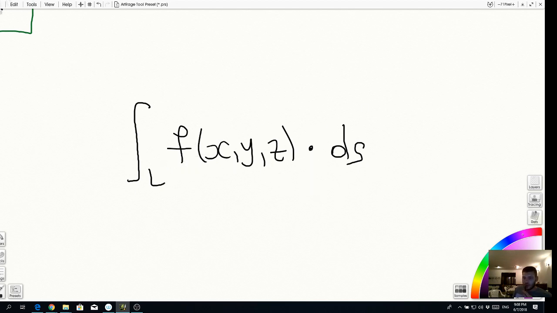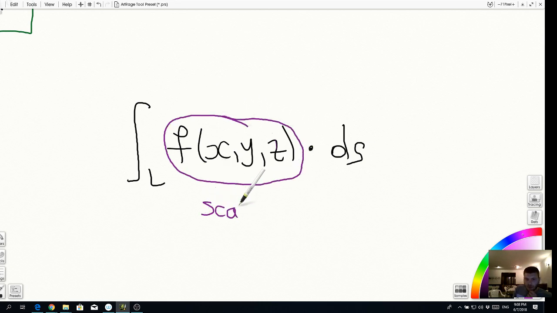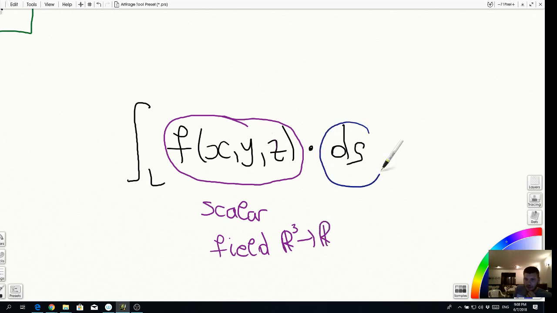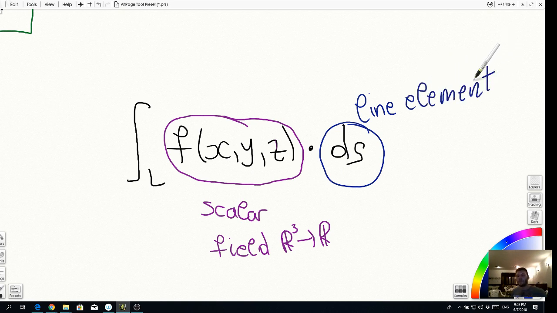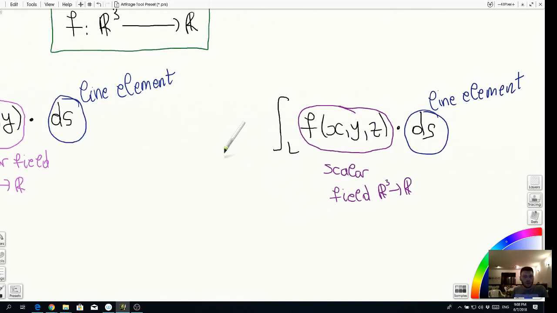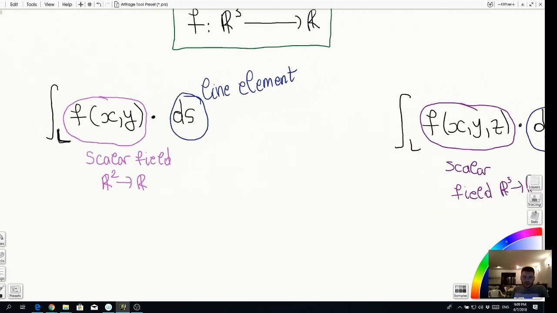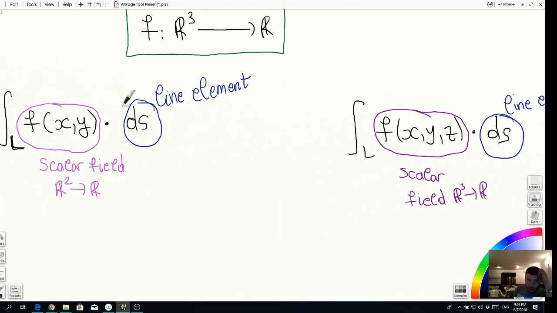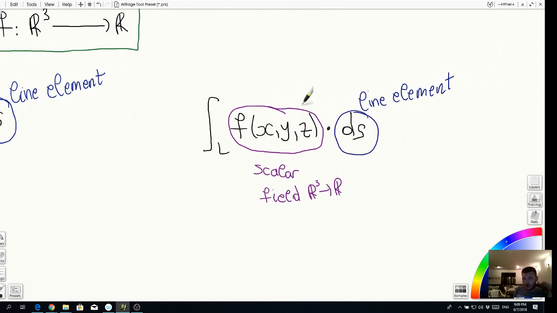This is our scalar field, three-dimensional scalar field, from R3 to R, and this is line element. Scalar field is multiplied here with line element and here also.